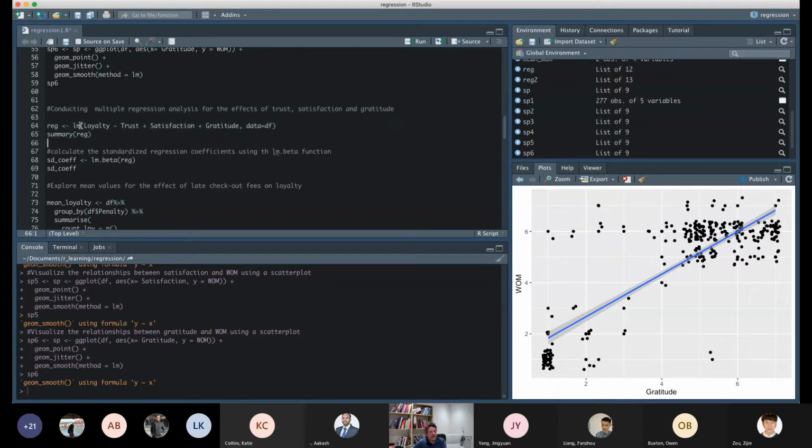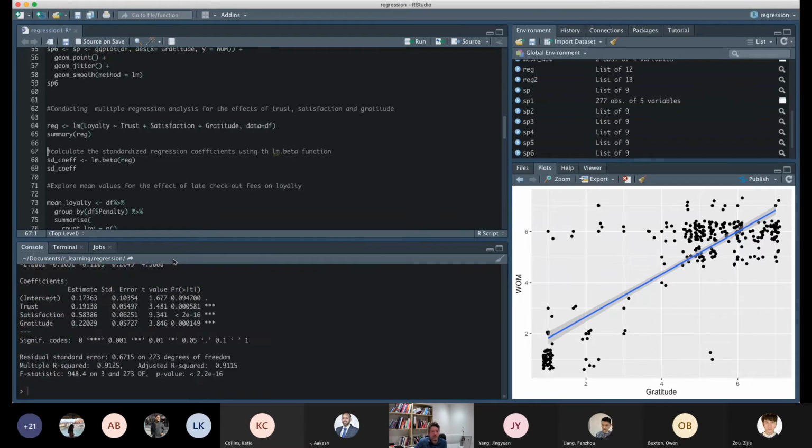Regression in R is just the lm function. So I'm telling R that loyalty is our dependent variable. We want to look at how those relationship quality variables, like trust, satisfaction, and gratitude, affect our customers' loyalty. So trust, satisfaction, and gratitude are the independent variables. That's all I do, and I use my data set, df, to run it.